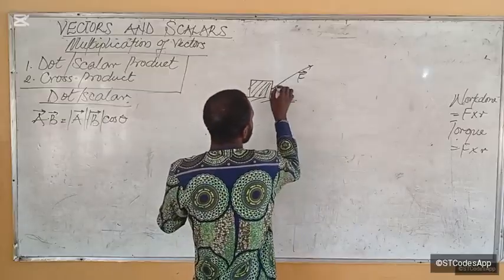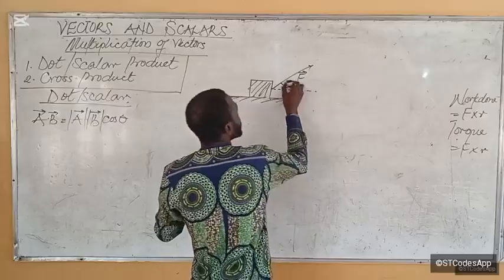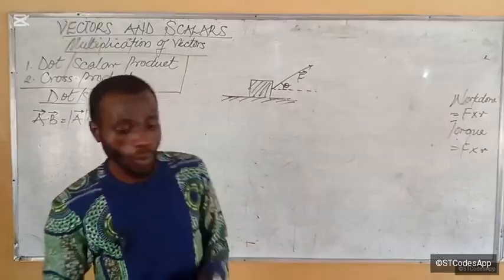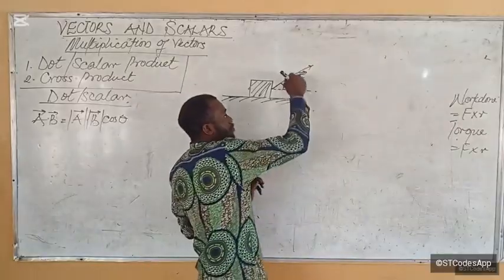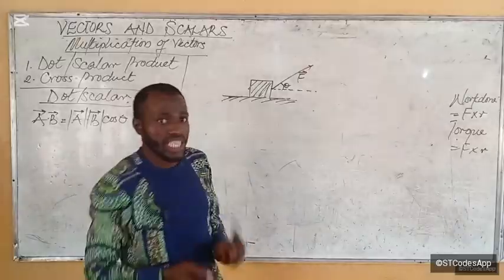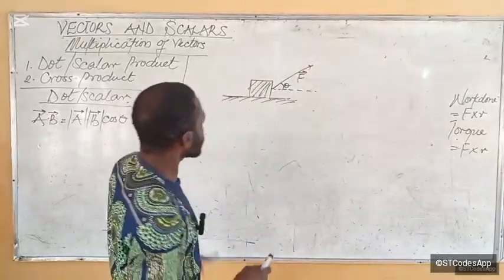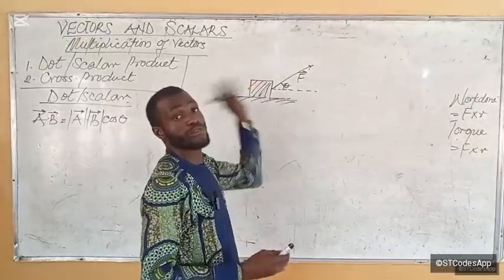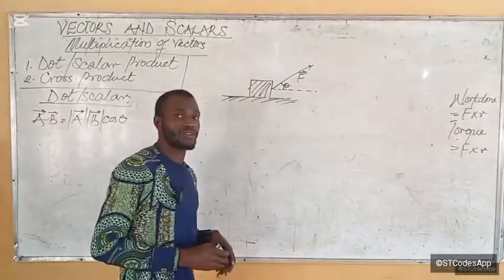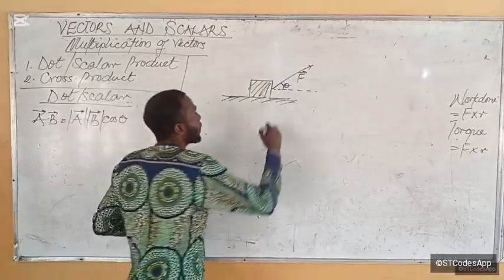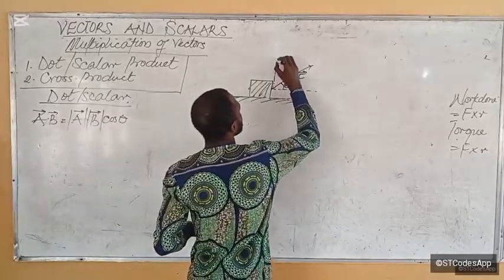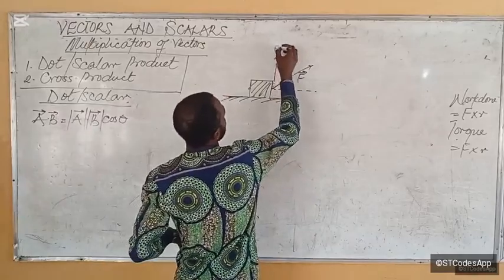This force is now acting at an angle to the horizontal. So we cannot just say force times distance here. We have to resolve it to this horizontal. Then you ask me, but master, there is also a vertical component here. Why can't we resolve it to the vertical component and take the resultant? Now listen, this is where the dot product comes in. Why are we not resolving this to the F sub y component?